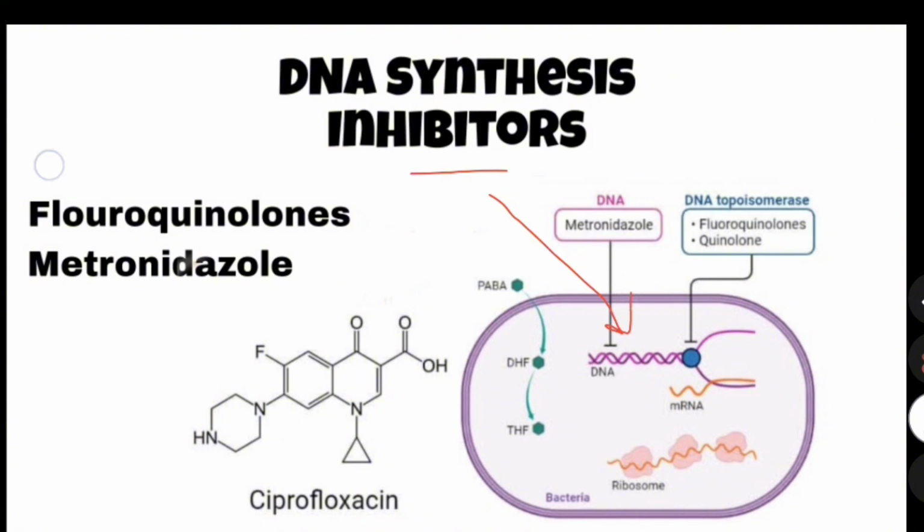Let's talk about ciprofloxacin, or the fluoroquinolone group of antibiotics. They target DNA topoisomerase, the main enzyme in DNA replication. When they target this enzyme, they stop DNA replication. As DNA replication stops, bacterial growth stops and the bacteria are destroyed.